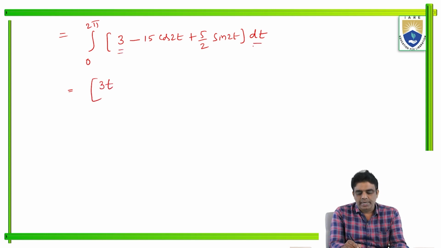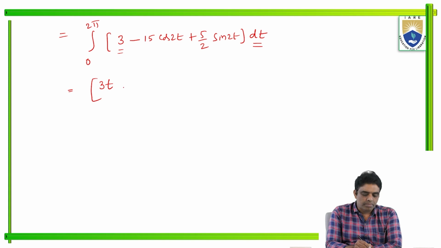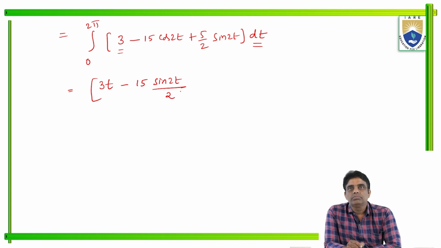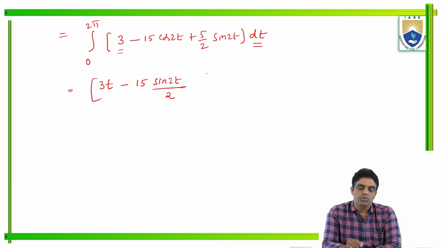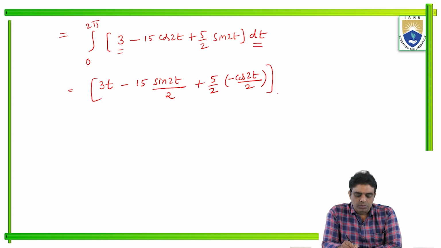So 3 into dt gives 3t. Minus 15 cos 2t, whose integration is sin 2t by 2, plus 5 by 2 into sin 2t, whose integration is minus cos 2t by 2. The limits are 0 to 2 pi.